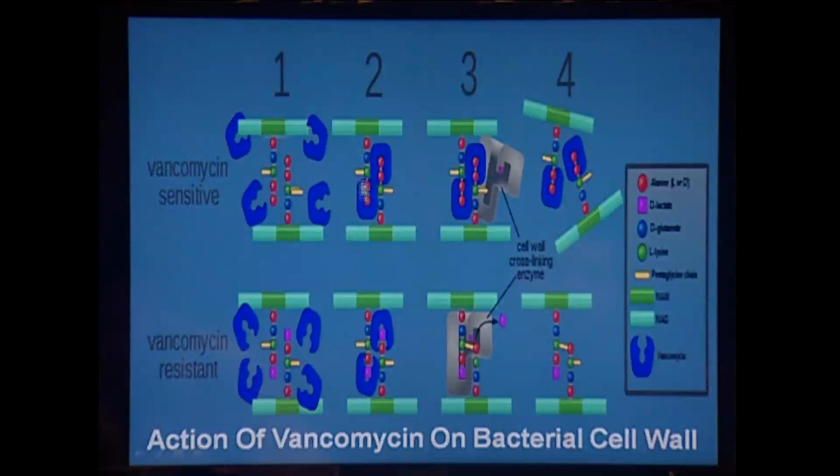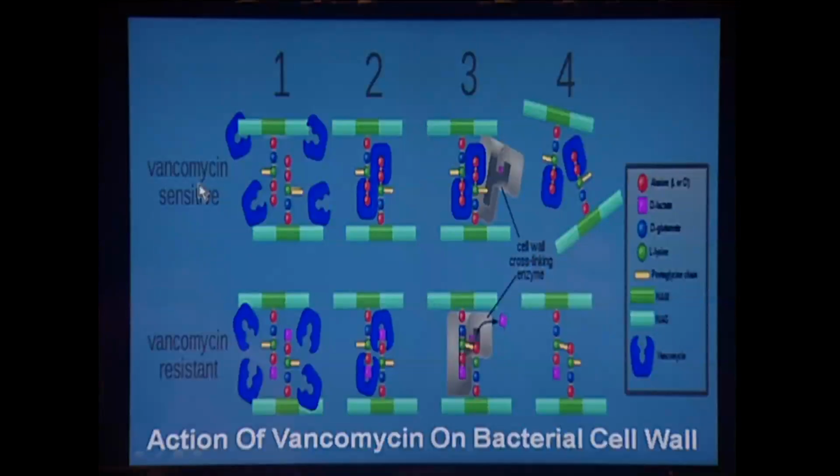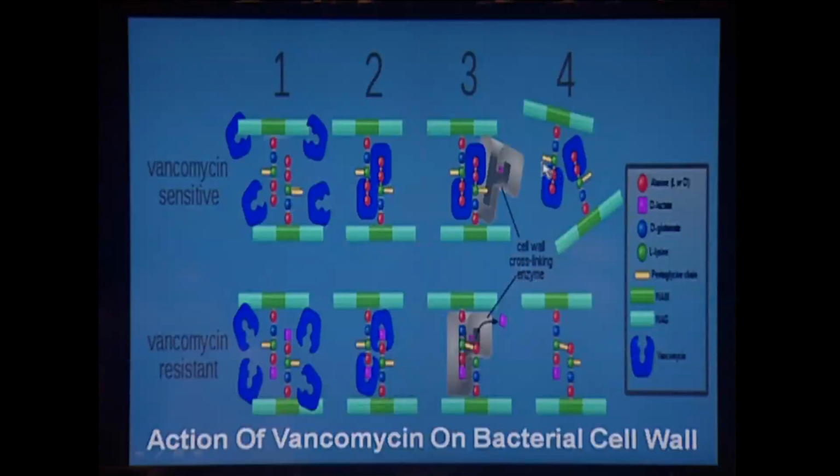Suppose this is the NAG-NAM chain, and they are linked by the tetrapeptide, and the terminal part of this tetrapeptide is alanine, and this alanine linkage is inhibited by the vancomycin group. So, if that particular vancomycin antibiotic is applied, it will bind with the alanine residue and bring about the breaking of the tetrapeptide linkage, and thereby will disrupt the bacterial cell wall.